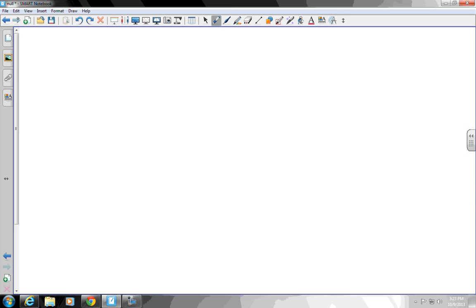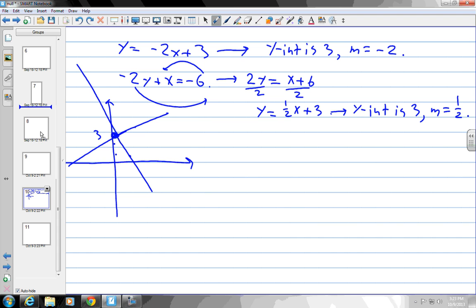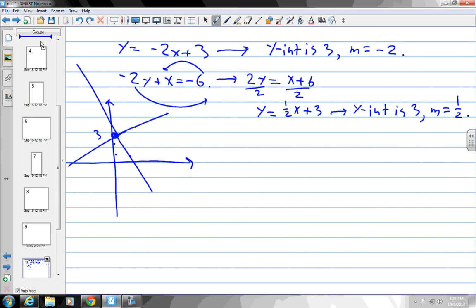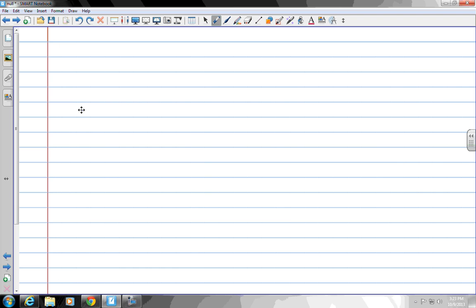So we're starting something. I want to talk about exponents today. So we're going to introduce exponents, and we've seen exponents already. We're just going to put them in a more pretty outlook, I guess.